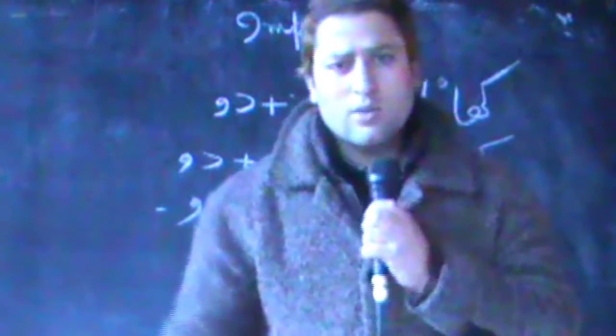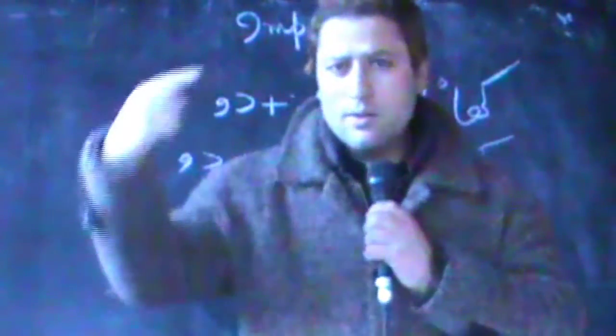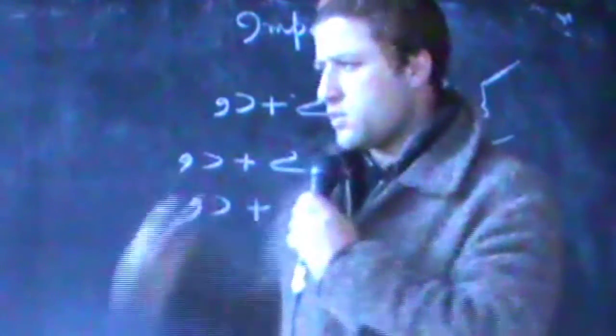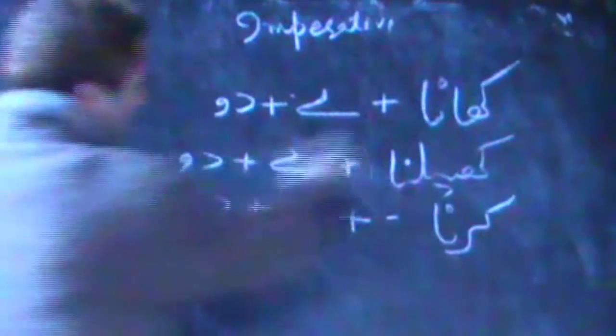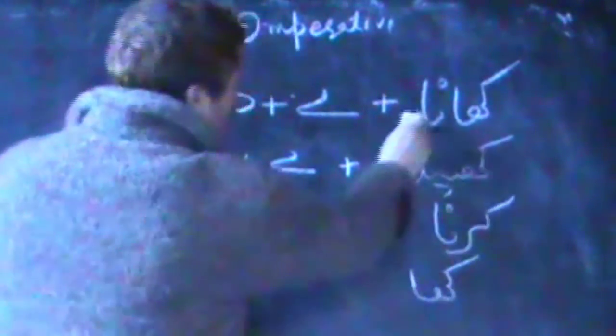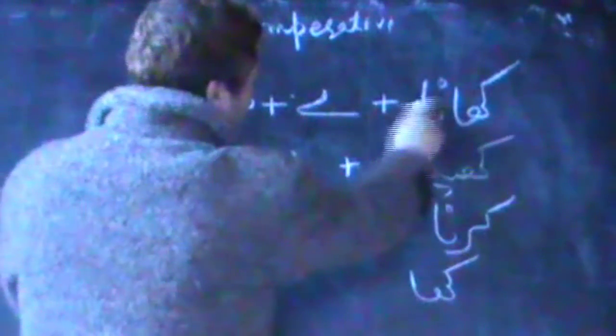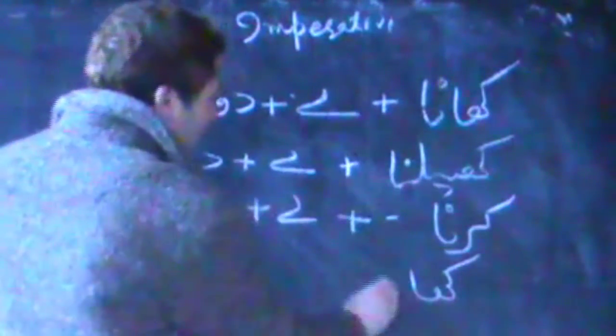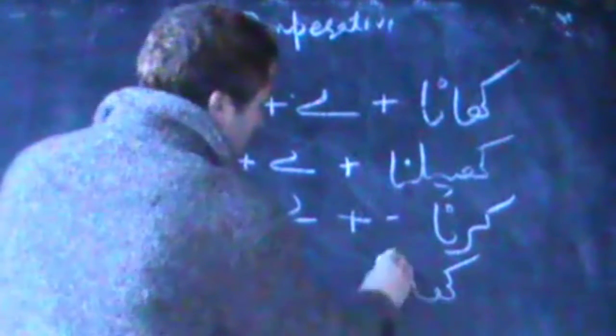When you say khana, it's made of n and alif, so we'll leave the alif and add ye with it, and do. So it becomes khane do. We cut the alif and add ye, and it becomes khane do.